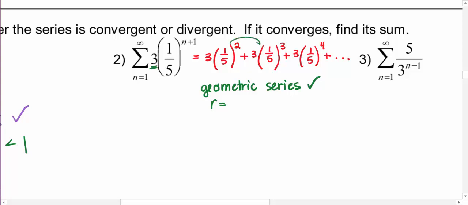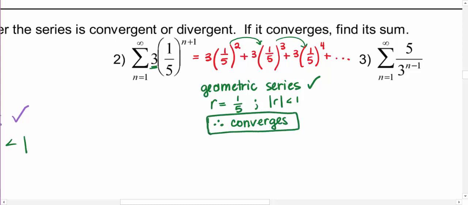What I'm really multiplying by each time is 1/5. And that ratio is less than 1. And so I would say, therefore, it converges. Again, it's all based on that common ratio.